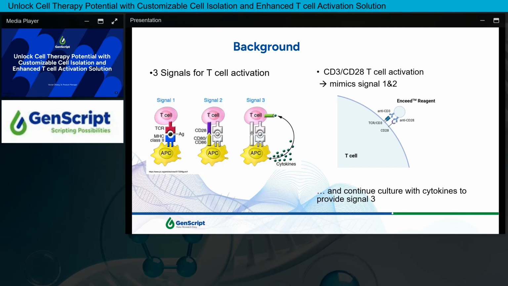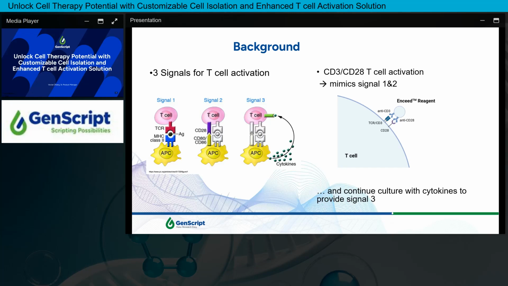So the Enceed reagent, as shown here, is a nanometer sized reagent with a magnetic core inside, but it does not require any magnet for processing. The magnetic core helps to enhance the activation result, but is fully safe and biodegradable.